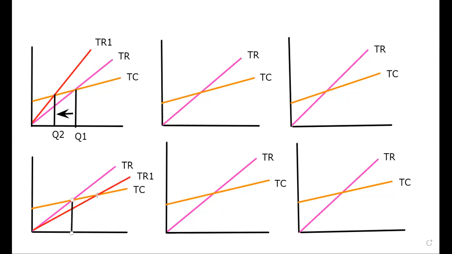Now, as a result of the new total revenue, the break-even quantity increases, which is not good for the organization, because the sales people have to put in more effort to sell more quantity. So the break-even quantity goes from Q1 to Q2, shifting to the right-hand side.